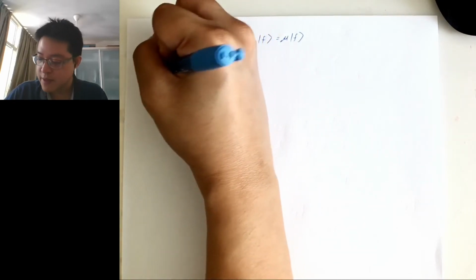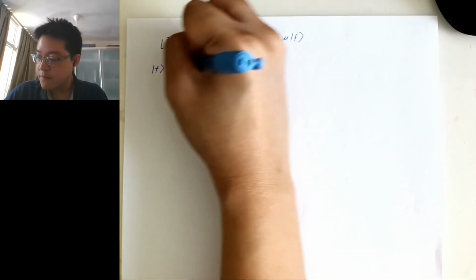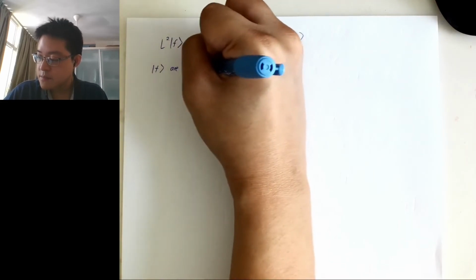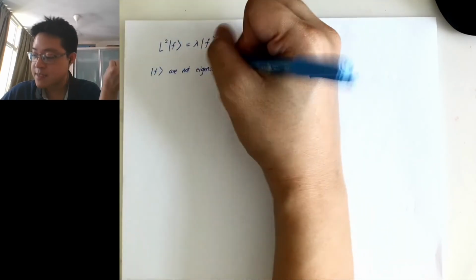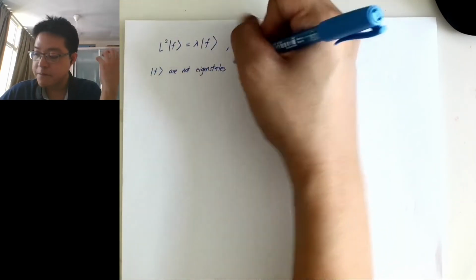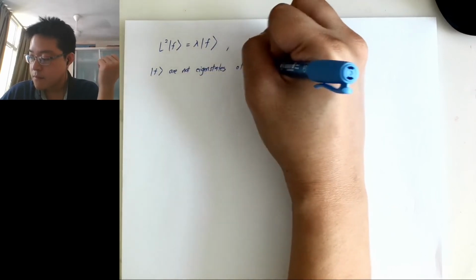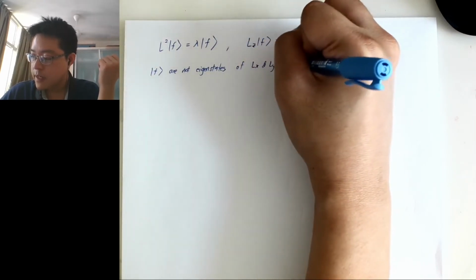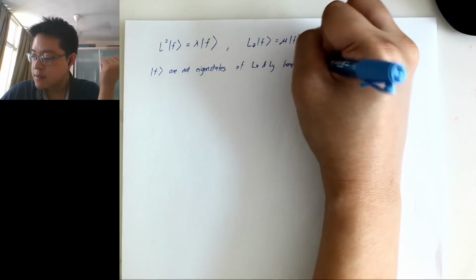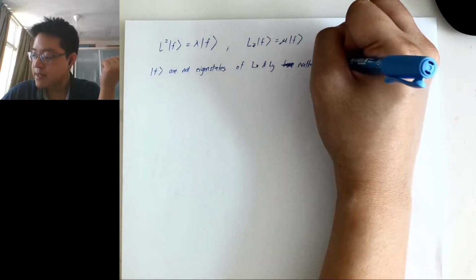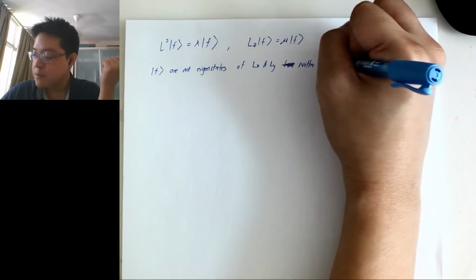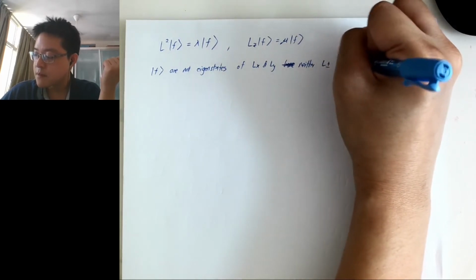So let me write this: f are not eigenstates because they do not commute. That is our original problem. We cannot find the eigenstates of Lx and Ly; we gave up. Hence neither are they eigenstates of L plus minus.